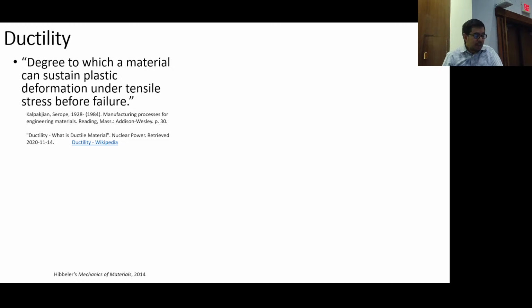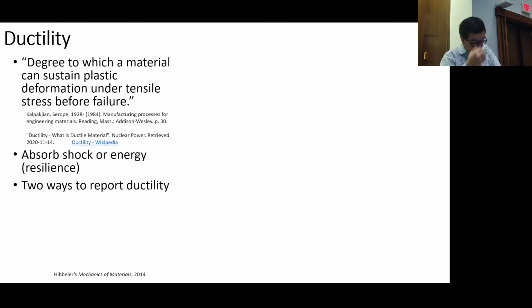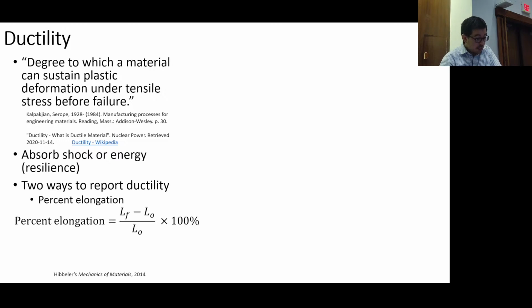So, ductility, we've talked about this a little bit before. This is the degree to which a material can sustain plastic deformation under tensile stress before failure. It also describes the ability of a material to absorb shock or energy. All right, so we can talk about modulus of resilience, and we've talked about different ways to report ductility.